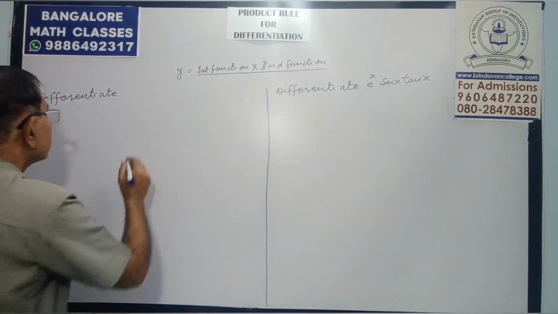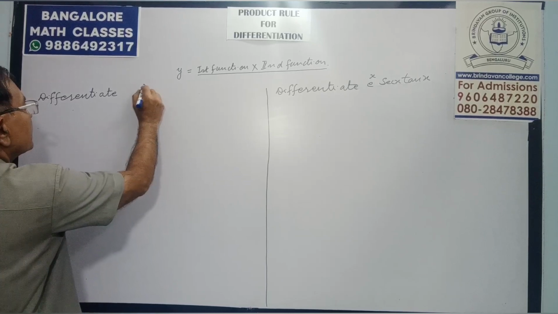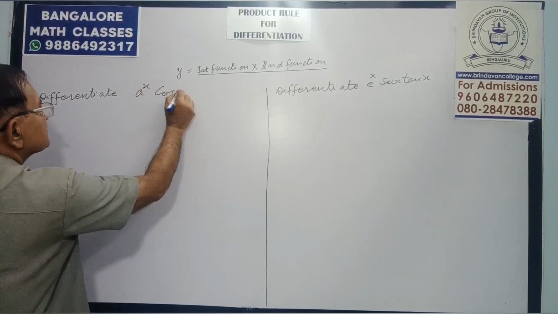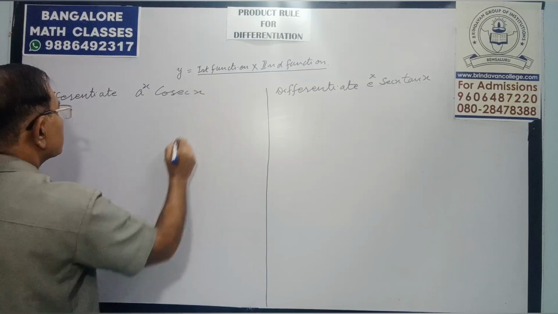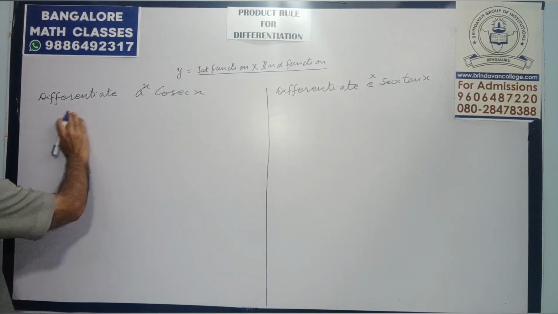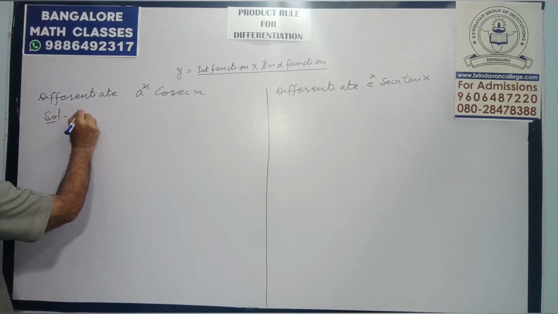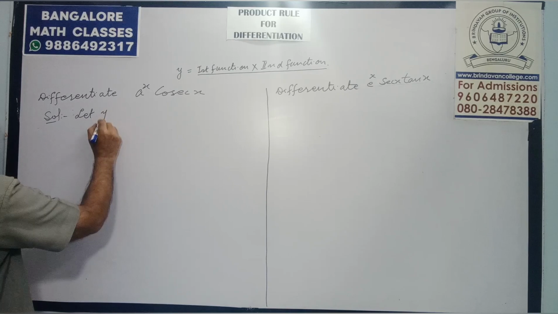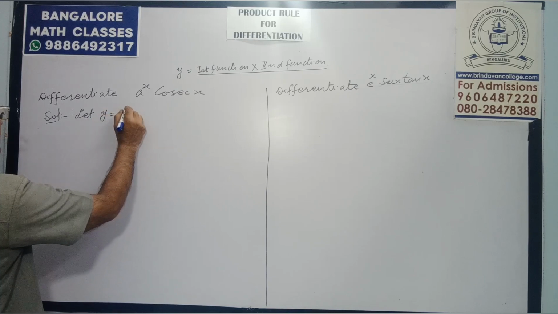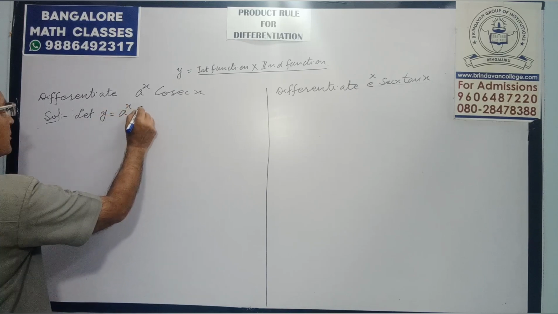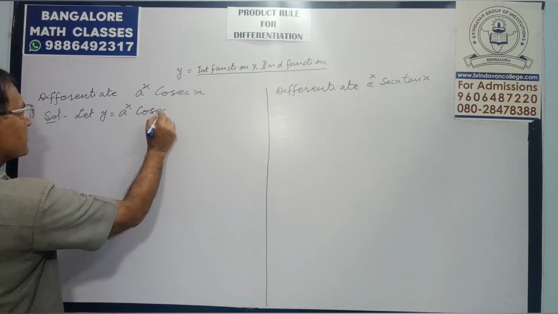Differentiate aˣ cosecant x. Solution: let y equals aˣ cosecant x.